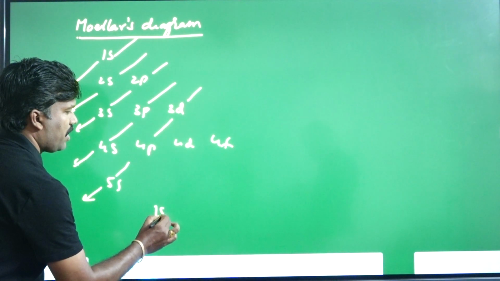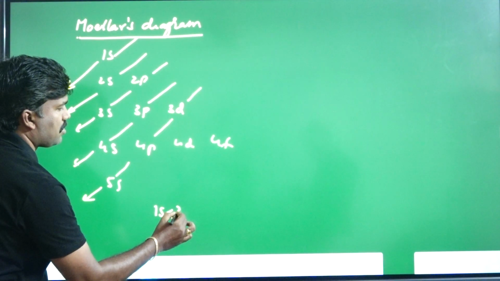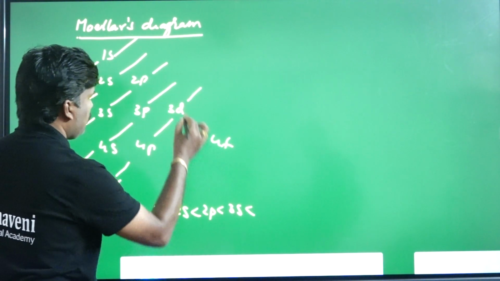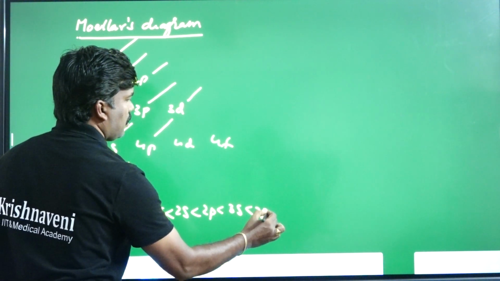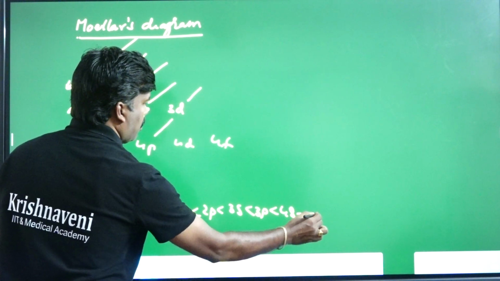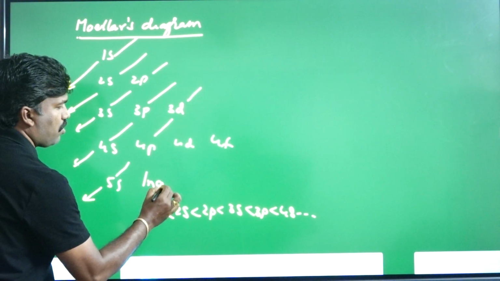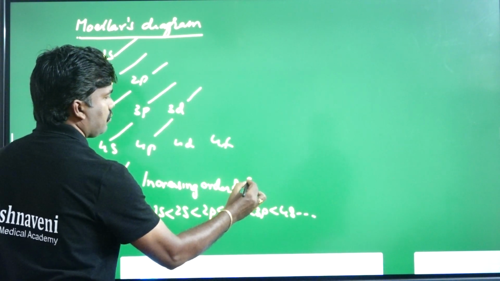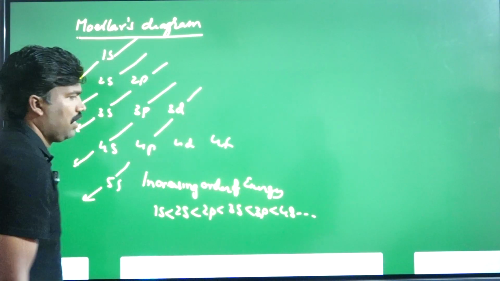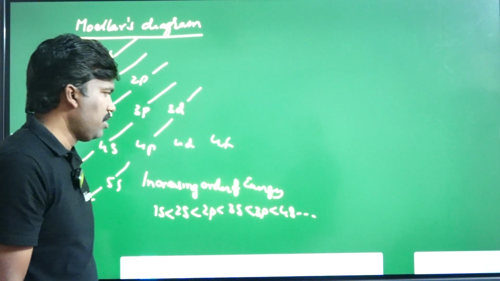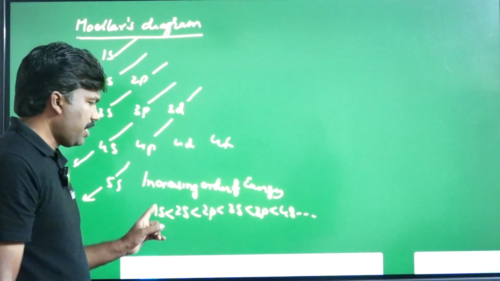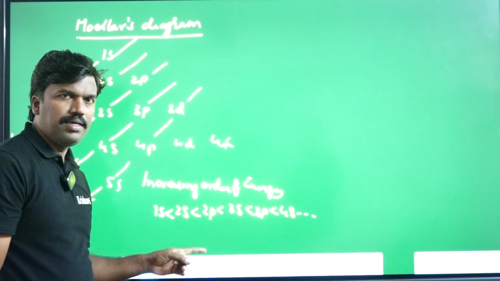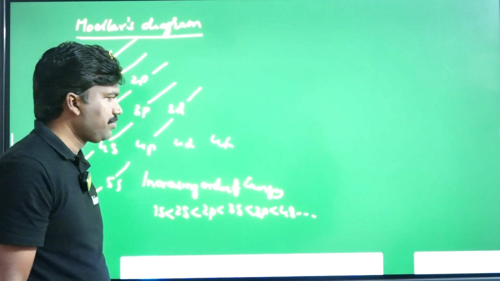So 1s has the lowest energy, next 2s, next 2p, 3s, 3p, 4s, etc. This is the increasing order of energy of orbitals. So first electron enters into 1s orbital, then into 2s orbital, then into 2p, like that.